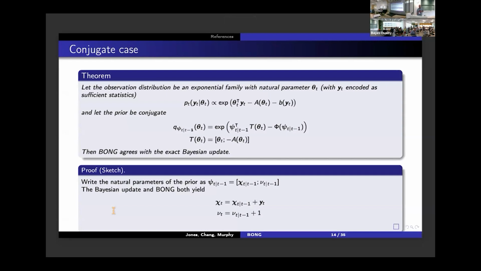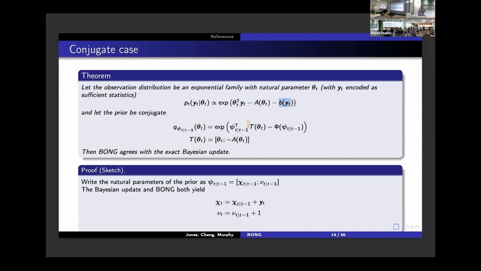This is the same kind of setup Emtiyaz was talking about, where the likelihood is this exponential family here. Theta plays the role of the natural parameter in the likelihood, and then you've got a log partition, which is A of theta. This base measure is not going to be important, and then the prior is the conjugate to that likelihood.